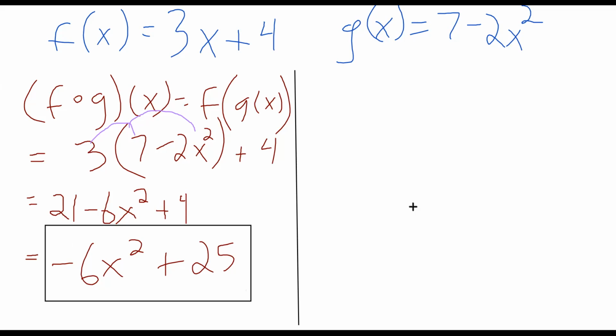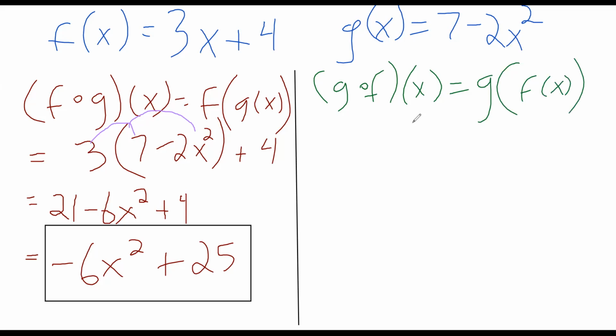That one is not so bad. The other way around requires a little bit of next level thinking, maybe. If we do g of f of x, we're putting the function f, that whole thing, in everywhere we see the variable on the g function.